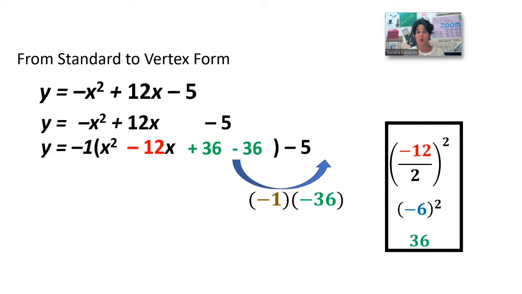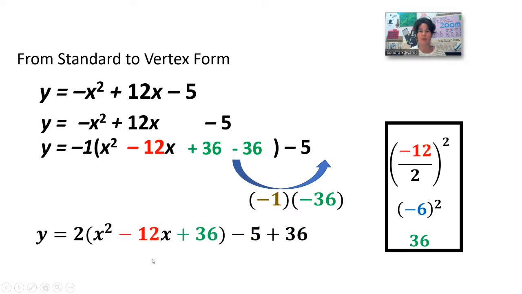So if I remove this minus 36 and put a number over here, I'm going to have to put plus 36. This is where a common mistake happens because students say, oh, I'm going to fill in this space with negative 12 divided by 2 squared, and they get the 36, and they say, oh, I'm going to undo it, so I'll write minus 36.